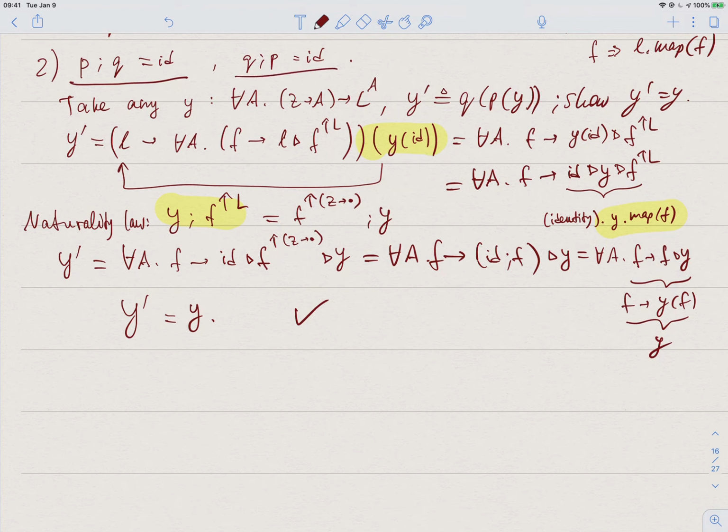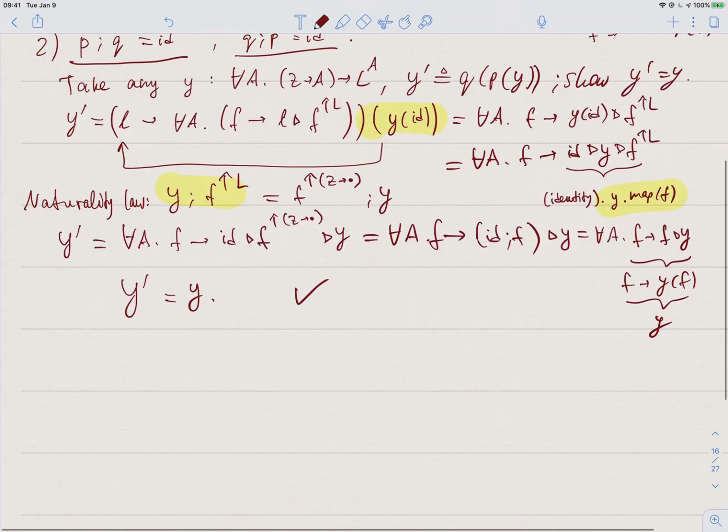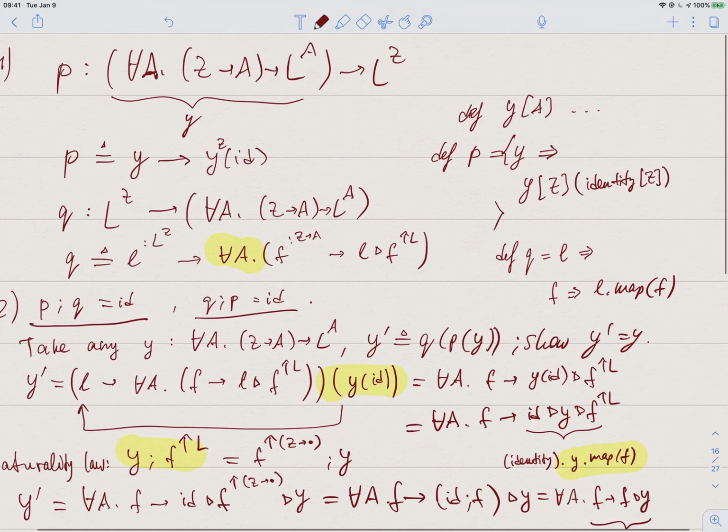To verify the second one, we start with the argument of Q, which is some value of type LZ. Let's call it L. And we compute P of Q of L, and we should show that this is equal to L. So what is P of Q of L? Q of L is defined right here.